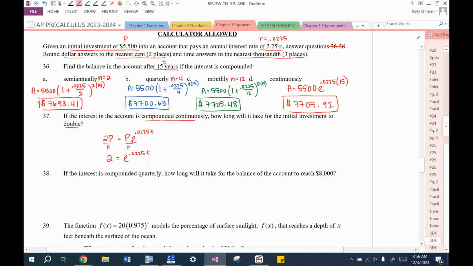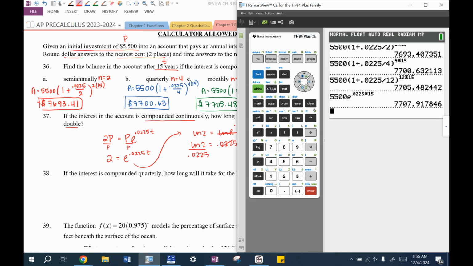And then to solve this, I think solving algebraically is probably fastest. I would just natural log both sides. When you natural log the e, that cancels out. So it's going to be natural log of 2 equals 0.0225 t. And then we divide by 0.0225. So let's see what this is.